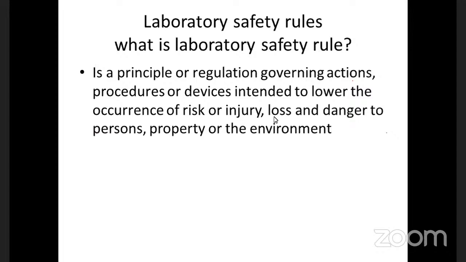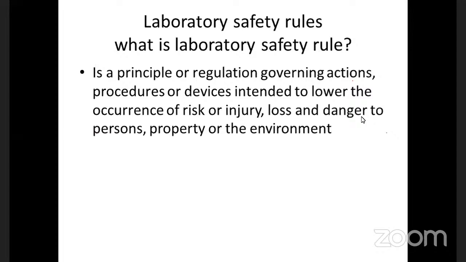As we continue, John, put off your mic. We're saying the danger to persons. We are intended to lower the occurrence of risk or injury or loss of those things, but also the danger to persons.